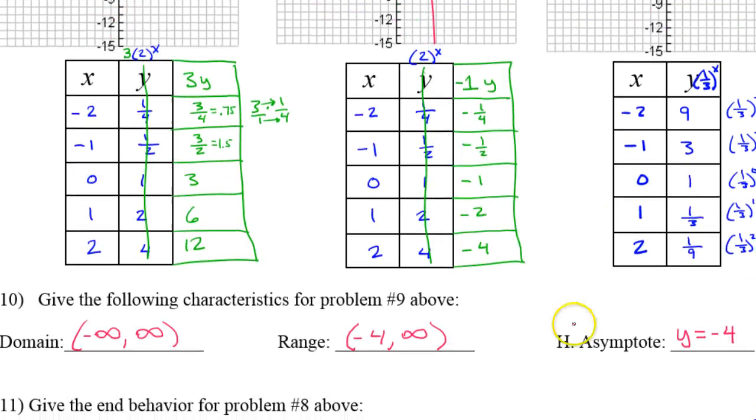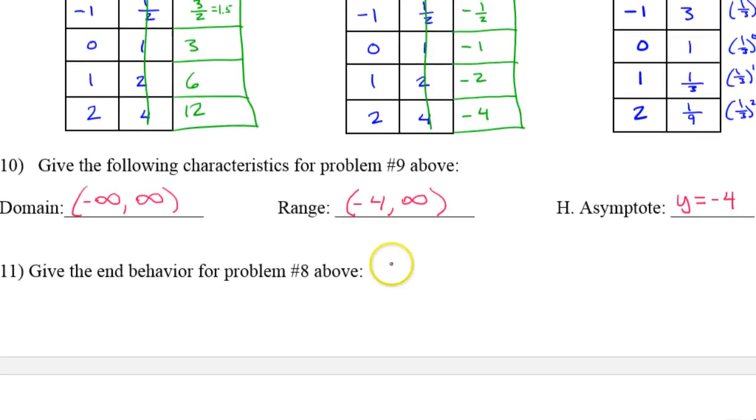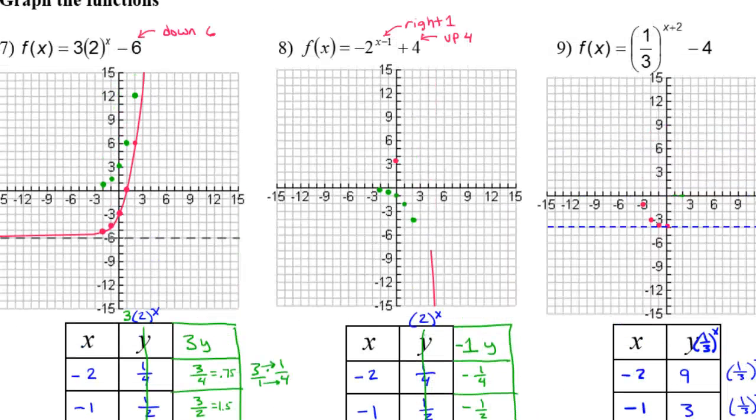Okay, so end behavior always starts off the same way. We say as x approaches negative infinity, that just means as you go to the left, f of x approaches, okay, these are y values, but as we go to the left, the function approaches the asymptote at 4.